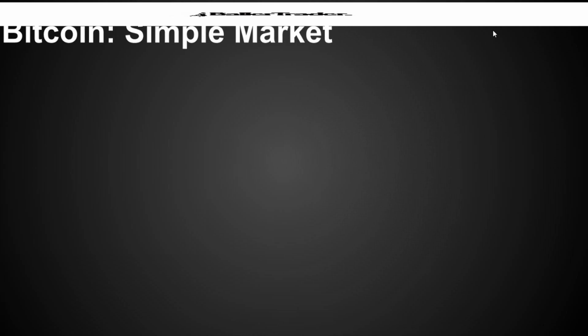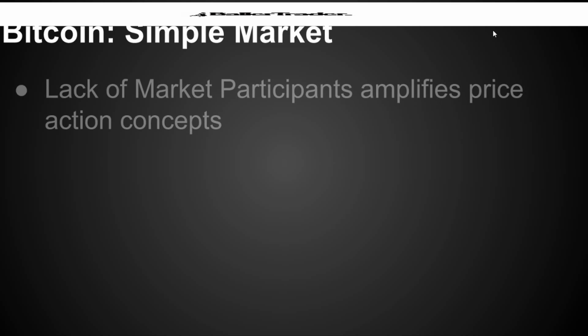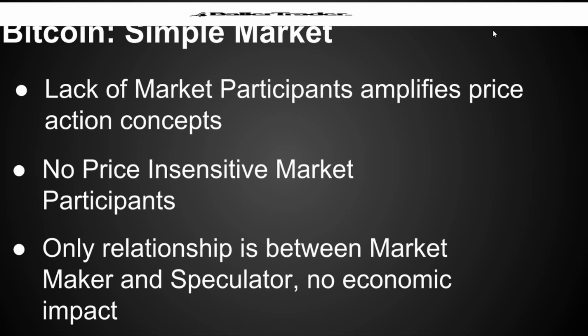Why does the four market profiles stand out so much in the Bitcoin market? What I think is Bitcoin is simply a very basic market. There are fewer market participants, and this amplifies price action concepts. Really, the only relationship in the Bitcoin market is between market makers and speculators, as far as I'm concerned.